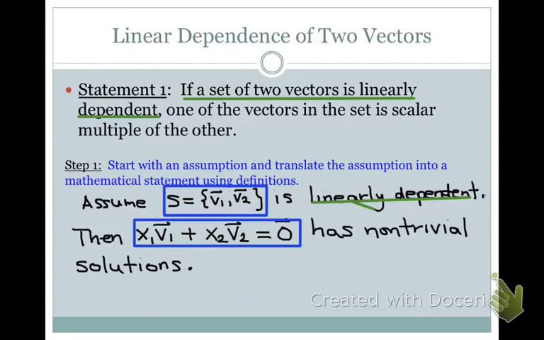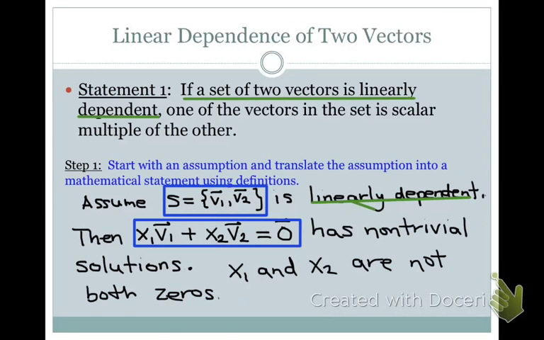And what it means for this linear system to have non-trivial solutions is that x1 and x2 are not both zeros. So at least one of these is a non-zero value.